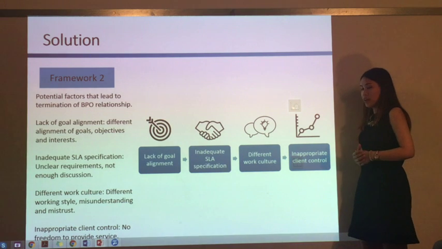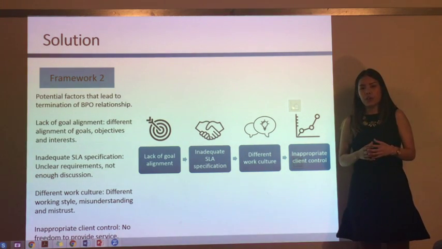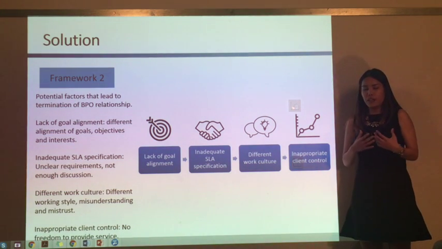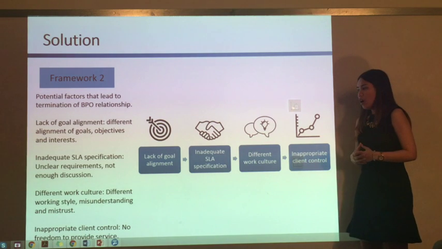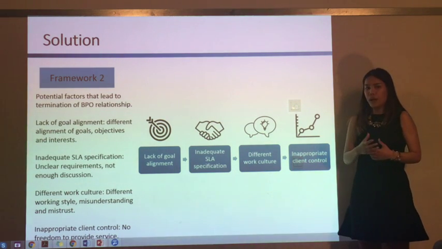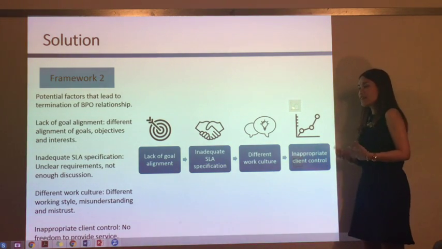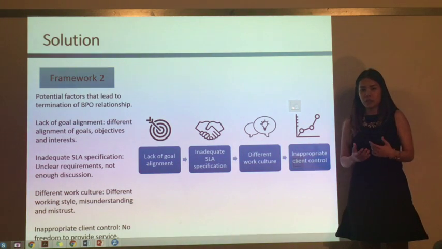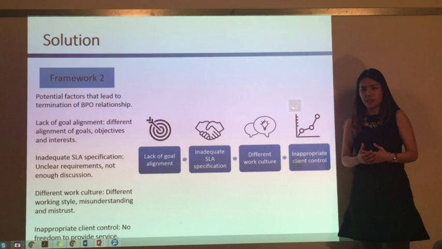Next is different work culture. It's pretty hard to identify at the beginning of the relationship. You may find out in the operation phase that the provider has a different working style, which leads to misunderstanding and mistrust within the collaboration in the future.